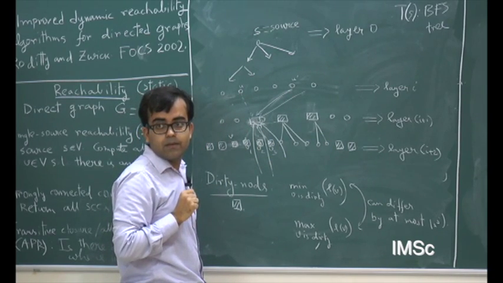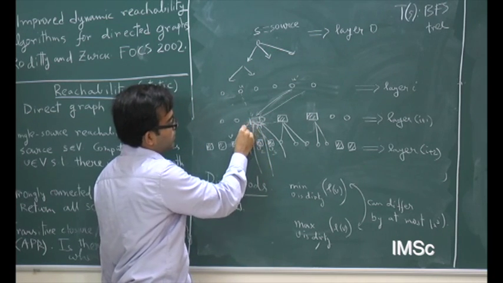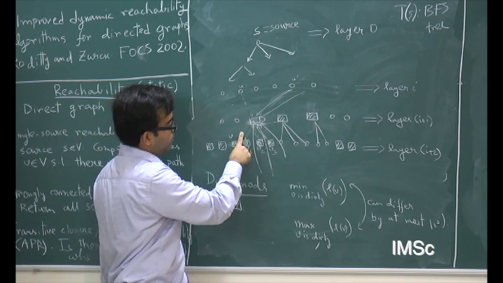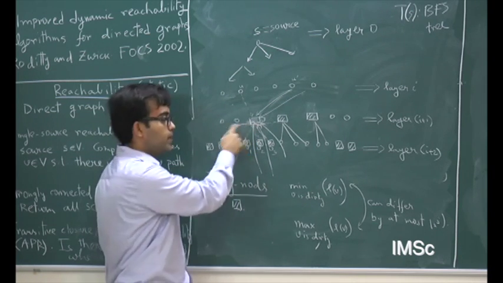More importantly, you need to update other lists. You need to move it from there to here. I mean, a vertex in I plus 2. So if this guy, you were just saying that suppose there was an edge here, you need to update this list.